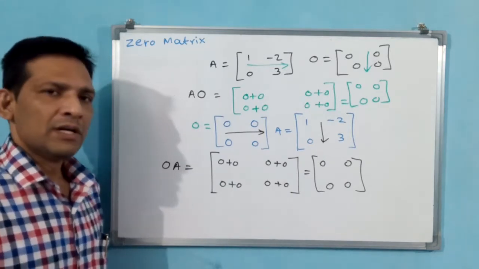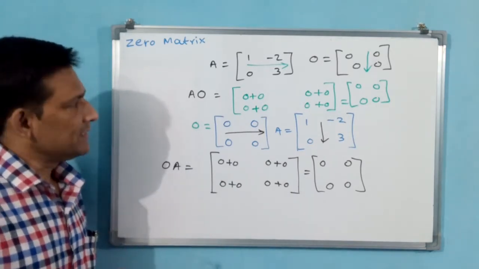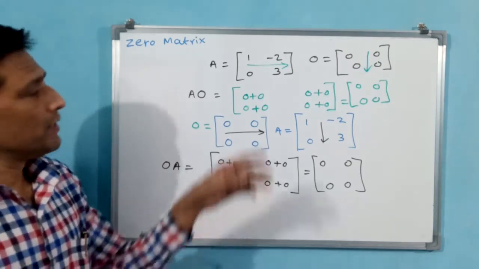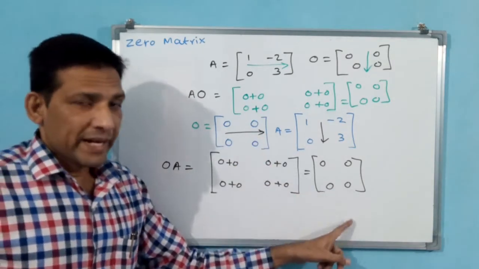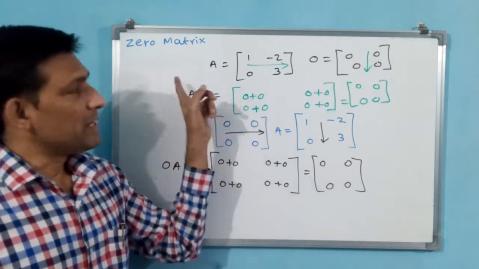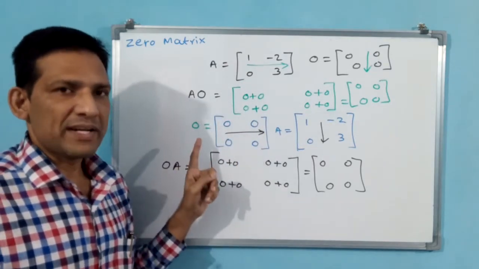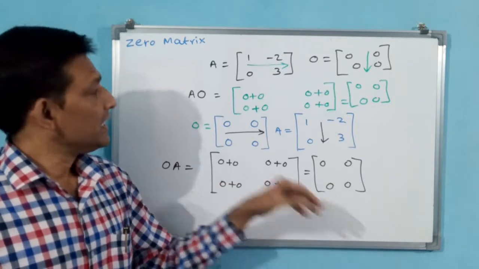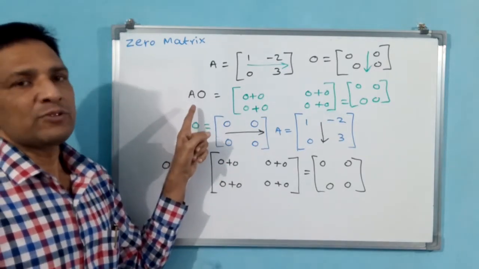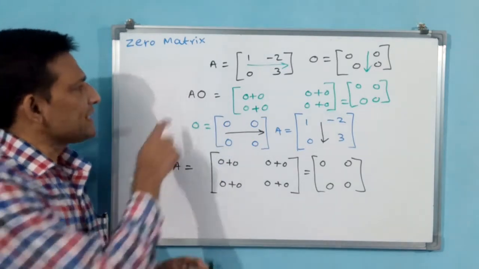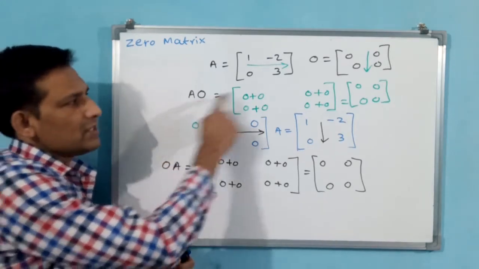Now, one question may arise. For getting a 0 matrix by multiplication of two matrices, is it required that one matrix should be 0? Here one matrix is 0, that is why you got 0.